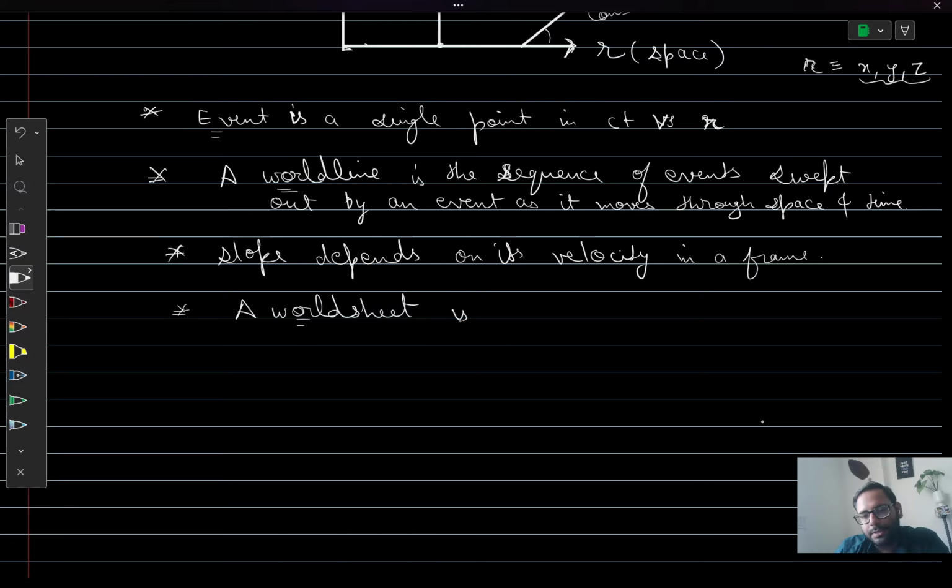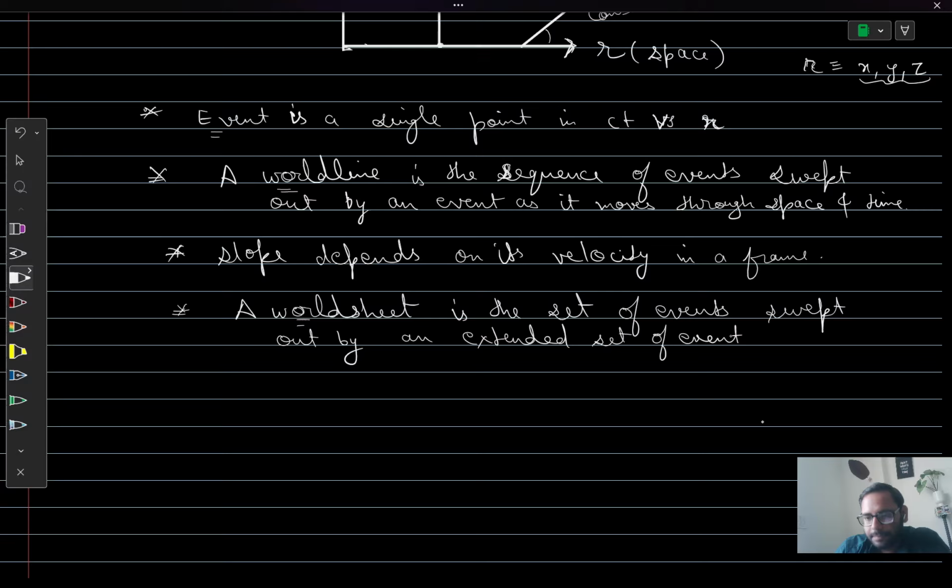A world sheet is the set of events swept out by an extended set of events, or set of points, as they move through space and time.